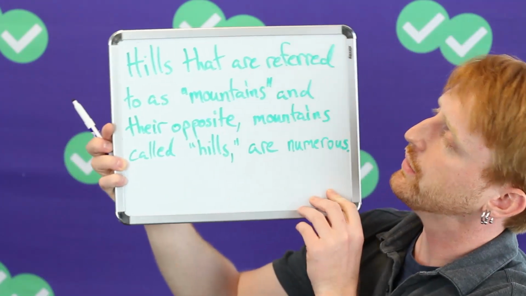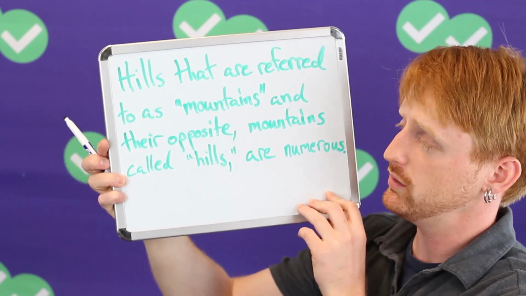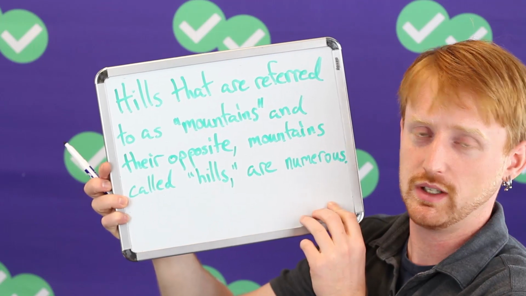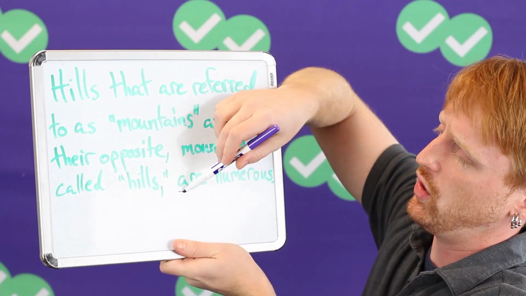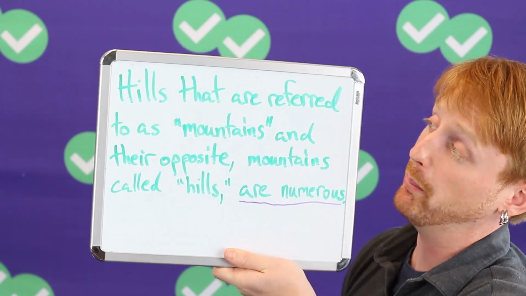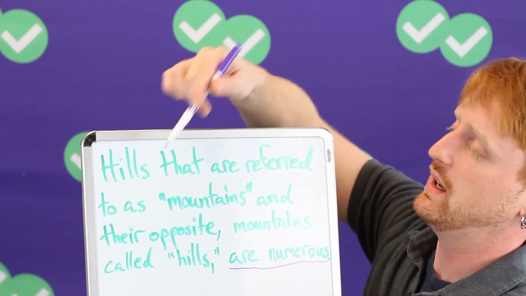And one more example for you. Hills that are referred to as mountains and their opposite, mountains called hills, are numerous. Notice what happened with the verb here. The verb is all the way at the end, and it's very, very small compared to a giant subject phrase.